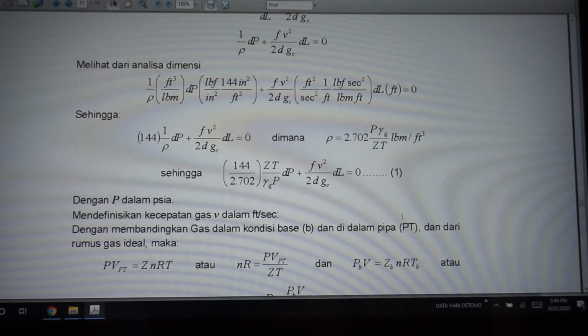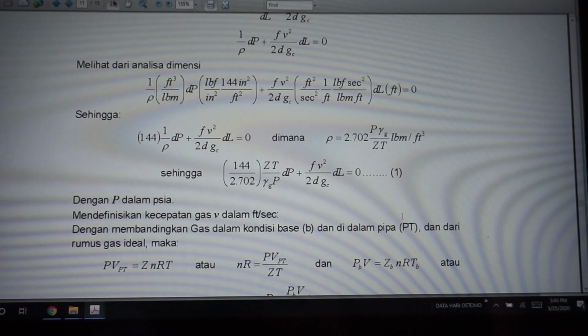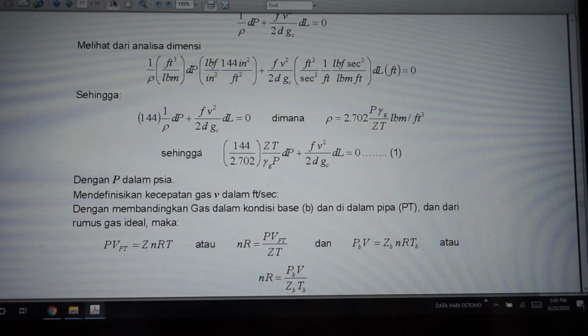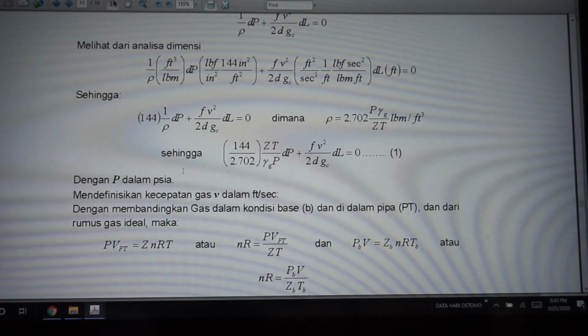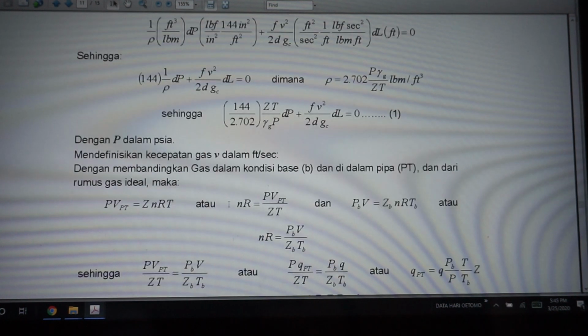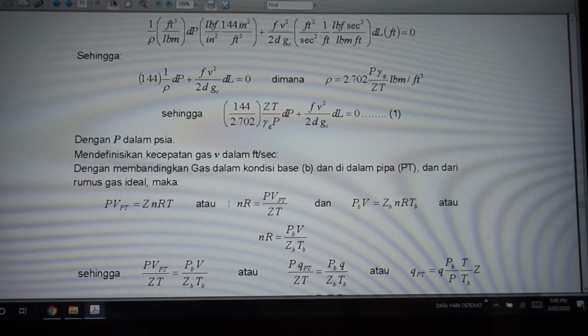And now we talk about the rate that we have. Usually we measure the rate and everything from the surface. Remember that? From the surface, not at the bottom, and not in the pipe.